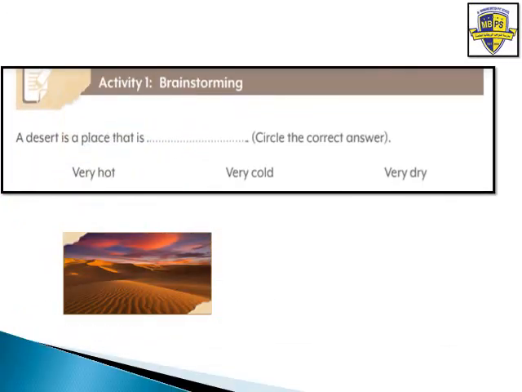So let's start by doing this activity. A desert is a place that is, what do you think? Very hot or very cold or very dry? I think a desert is a place that is very hot and very cold and also very dry. We will see now in the coming slides.